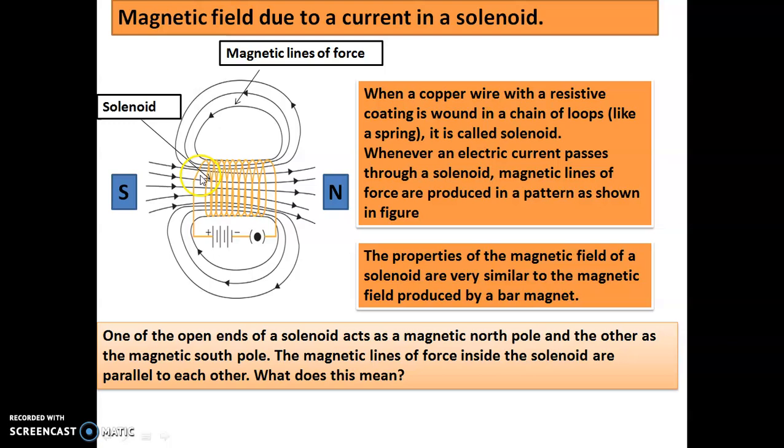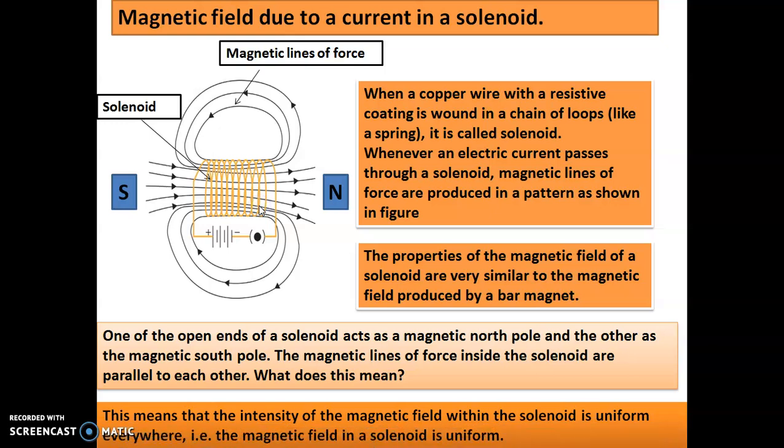See, this is the solenoid. Inside the solenoid, the lines are parallel to each other. What does that mean? It means that the intensity of the magnetic field within the solenoid is uniform everywhere, that is, the same everywhere.